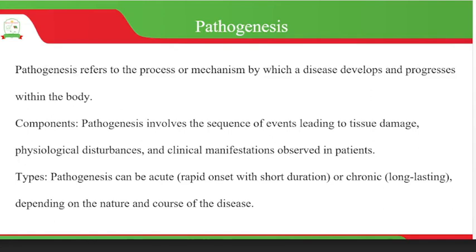when a cell is damaged by either environmental, genetic, or infectious causes, whatever may cause damage to our cells, those signs and symptoms that are manifested within a short period of time after the precipitating factor has occurred, we call that acute or rapid onset of the signs and symptoms.